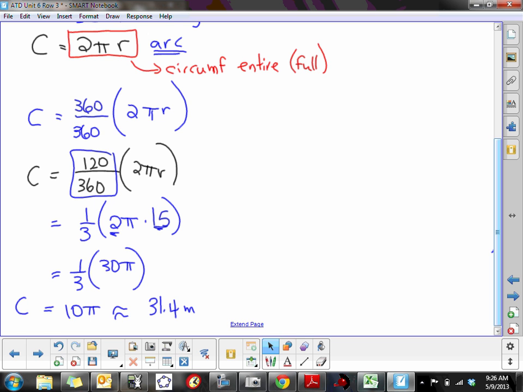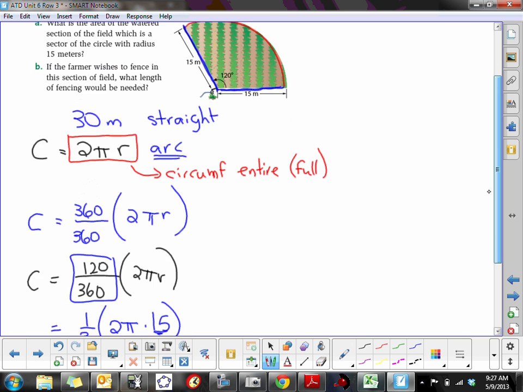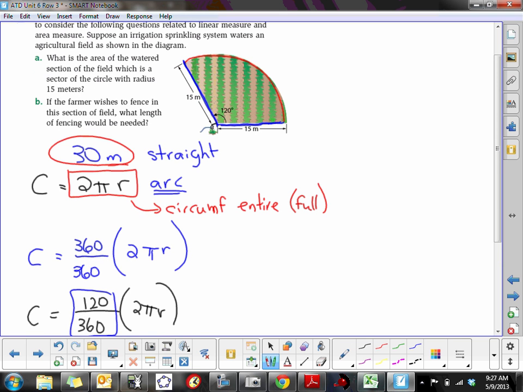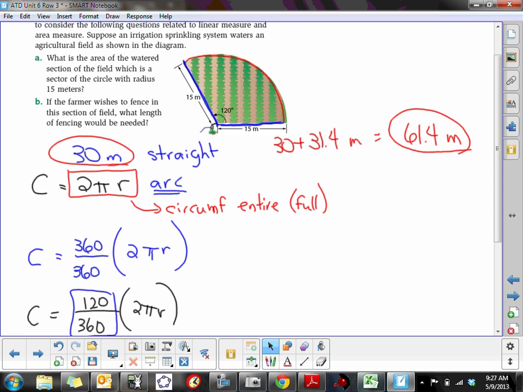Now that's for the arc section, plus we also wanted the straight section, which we already said was 30 meters. So we take our 30 meters plus our 31.4 meters, and it requires 61.4 meters of fencing to fence in that area. Okay, so there's a strategy on how to solve number 21.